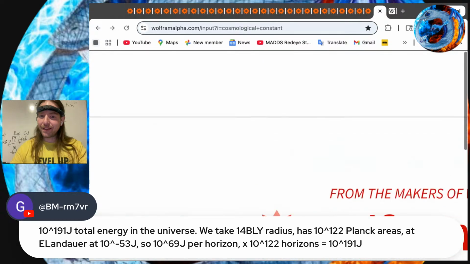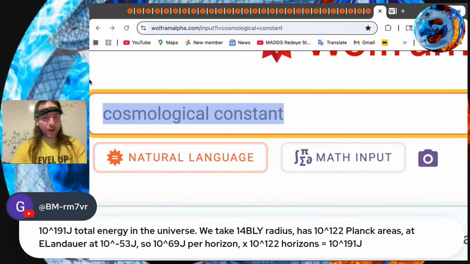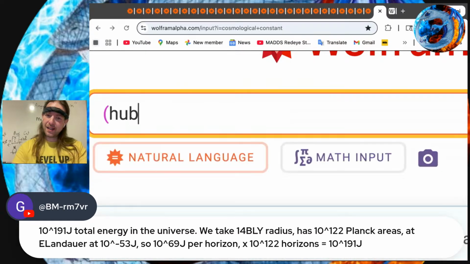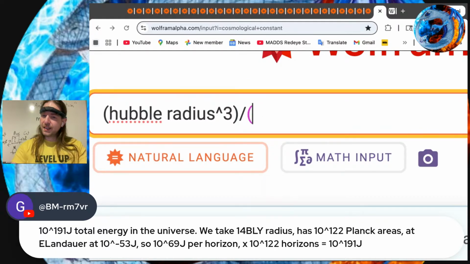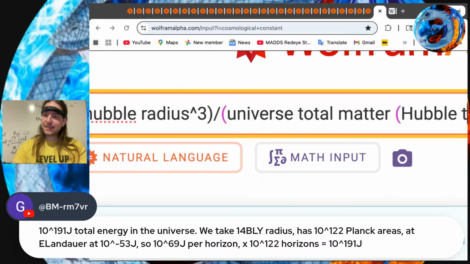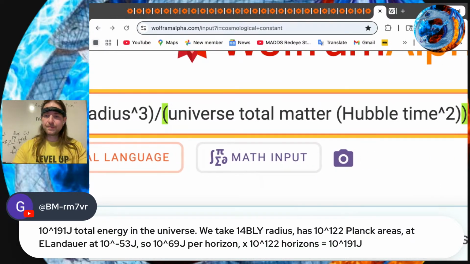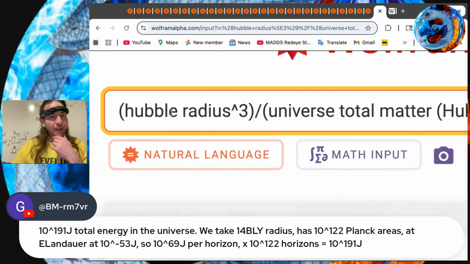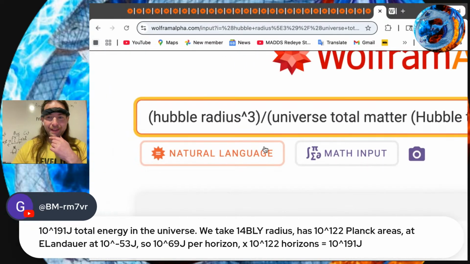Let's just see this. This will be the last thing. I'm sorry, I'm going over here. I think they used the Hubble radius cubed divided by universe total matter, and then Hubble time squared. It might be off by a factor, but I think it's about magnitude.